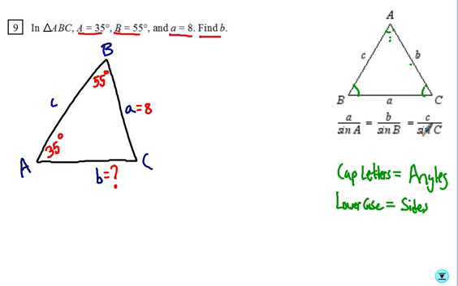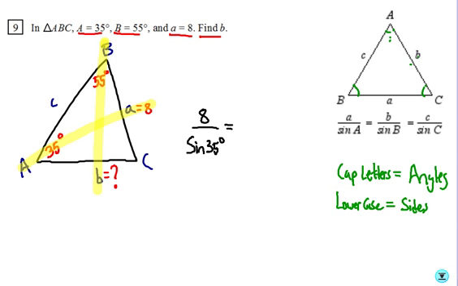So I pair up the one that I would say is complete, meaning I know both the side and the angle. That would be A. I know both A's side and angle. So I would have 8 over sine of 35 degrees. And then I pair up the side that I'm looking for. I know angle B, I just don't know side b.